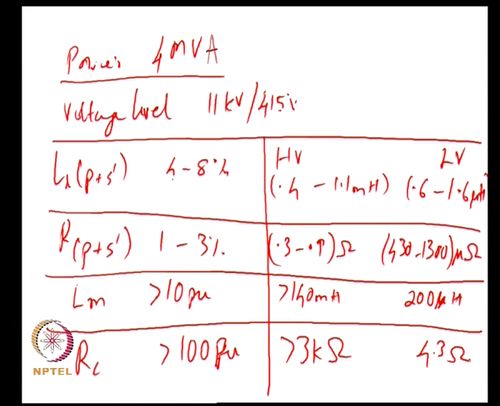Similarly, if you look at the winding resistance, if someone says that the winding resistance is 0.9 ohms or 430 micro ohms, you might think that 430 micro ohms is really small, but it depends on the voltage level.